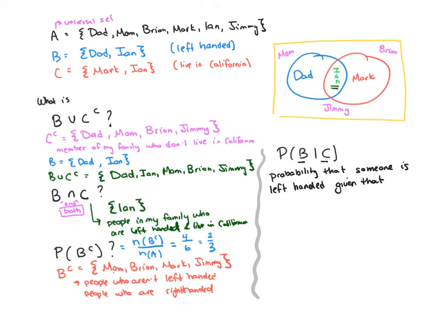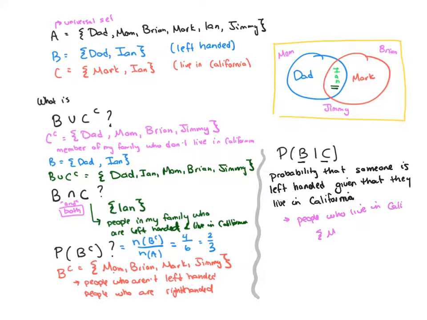So given that they live in California. So when I'm doing this, I only want to focus on the people who live in California. And that becomes my new sample space.